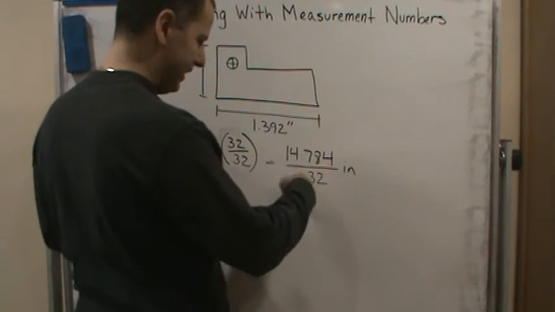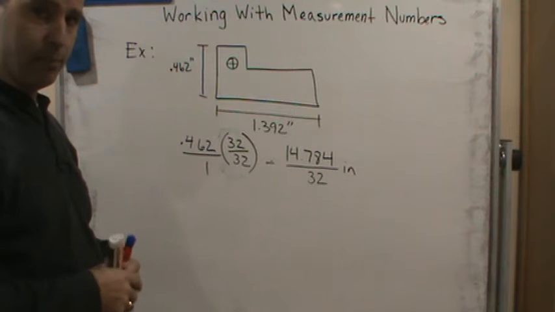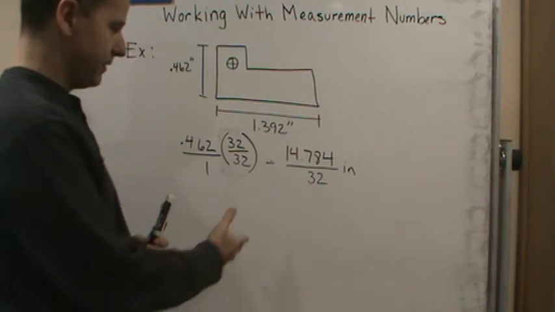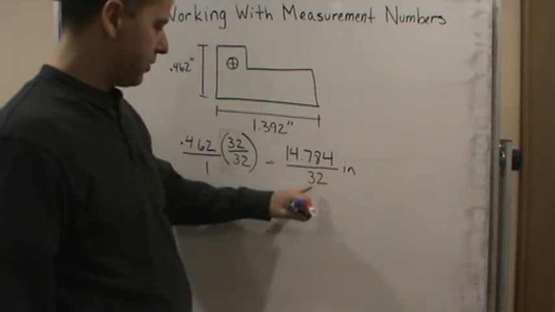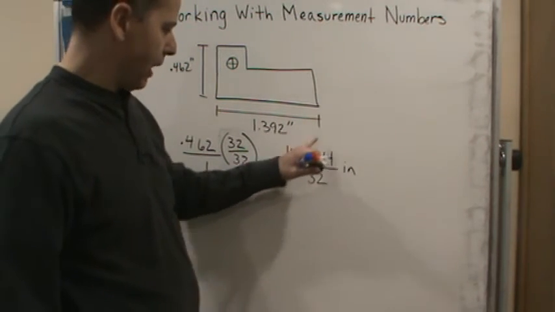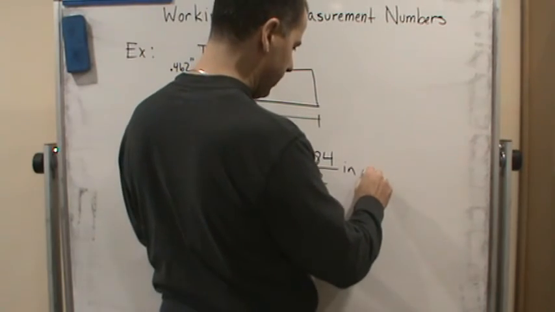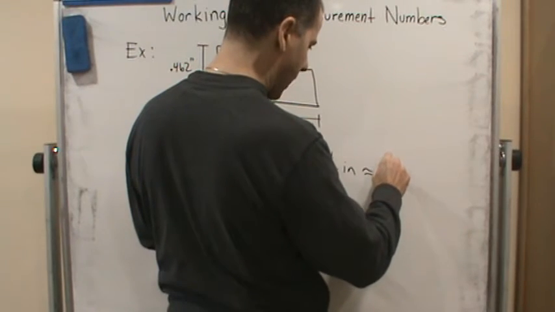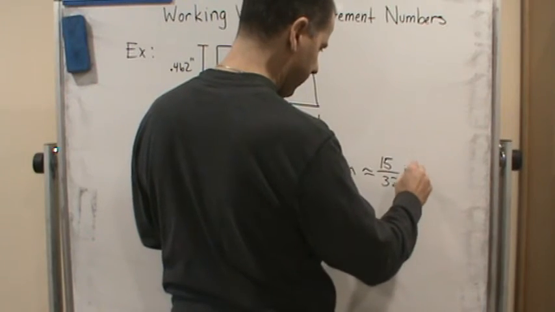Because this is not going to help me if I'm out in the field and have to measure something. That's useless for me. So I'm going to round the top to the nearest whole number, which is 15. So this is approximately 15/32 of an inch.